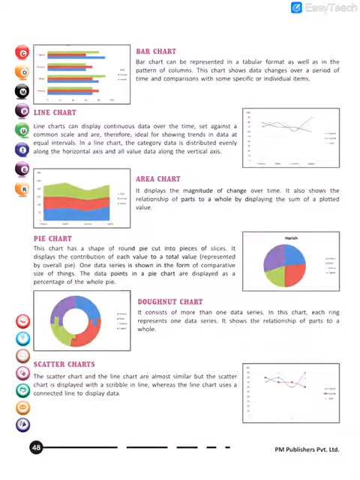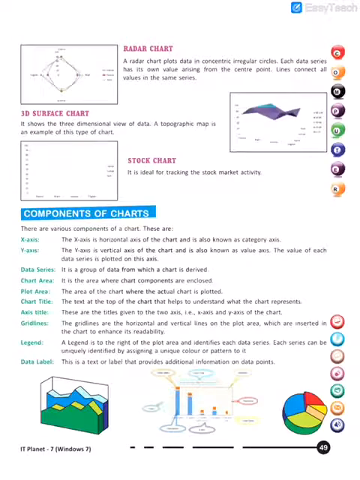Scatter chart is again based on data points. Radar chart plots data in regular concentric circles and gives us the deviation points. Surface chart is used for topographical representation. Stock chart is usually used for tracking stock market activity.